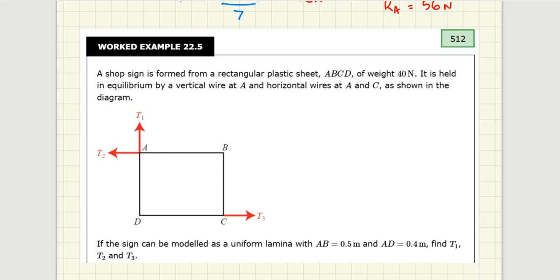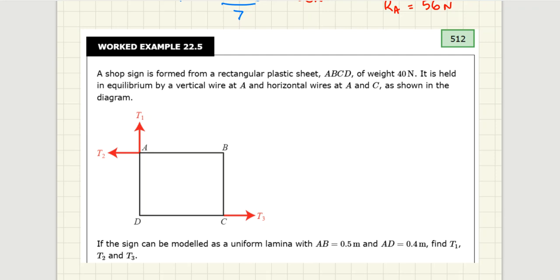Yeah, often signs are not uniform laminars, are they? Might have a ridge round a bit of it, or it might have some rust. You never know. It says plastic sheeting, so it could be not too bad, but that might be a potential problem. That's the kind of thing they're looking for, just to say, what if it's not uniform?